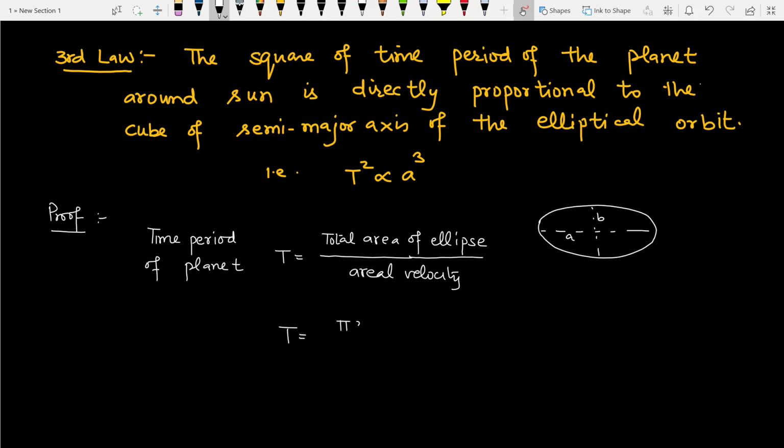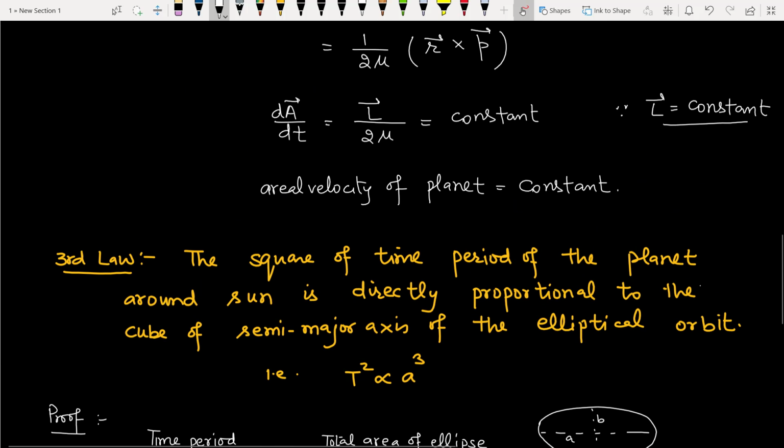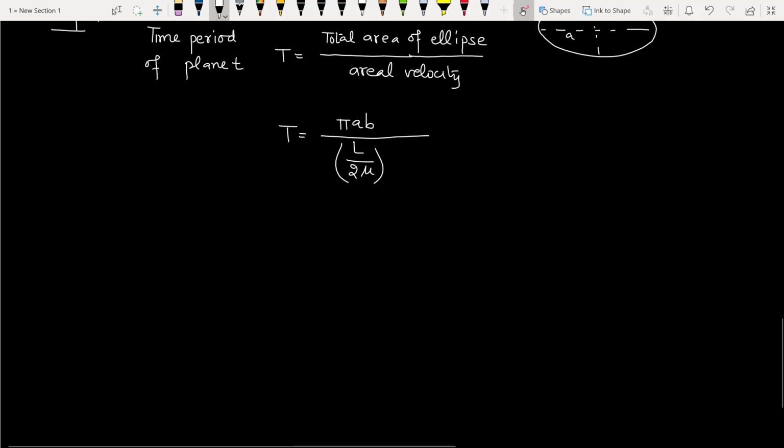Area of ellipse is pi a b. Areal velocity is L upon 2 mu in magnitude. Here we proved it. So the time period will come out to be 2 mu pi a b divided by L.